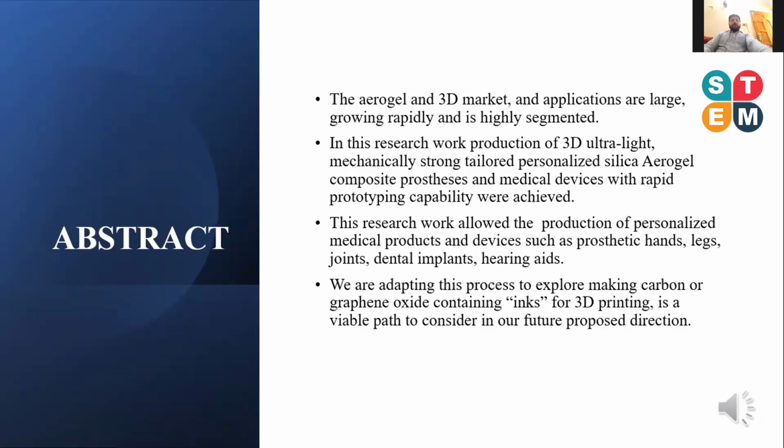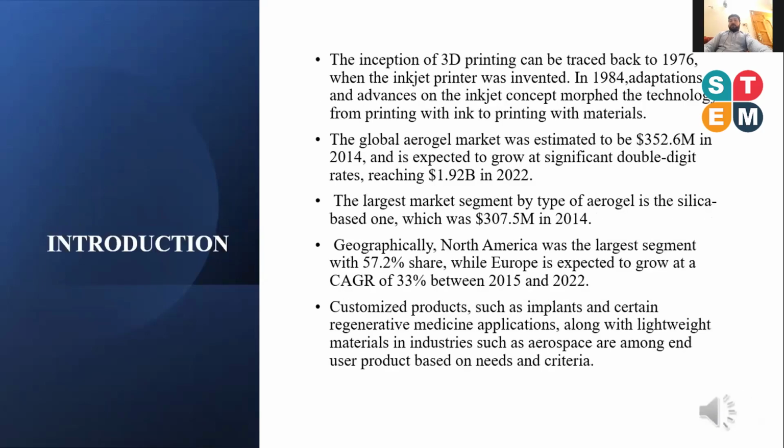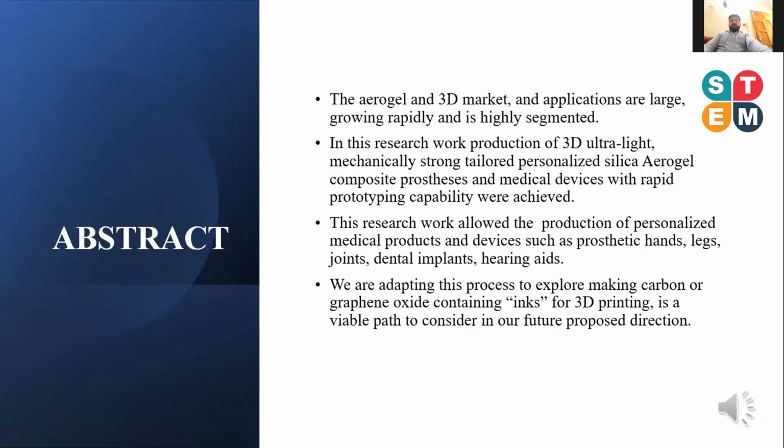So we selected a very porous, well-known material, that is silica aerogel, which was used to modify that type of photopolymer. And we were successful enough to keep the porosity of this aerogel until we got the final print.